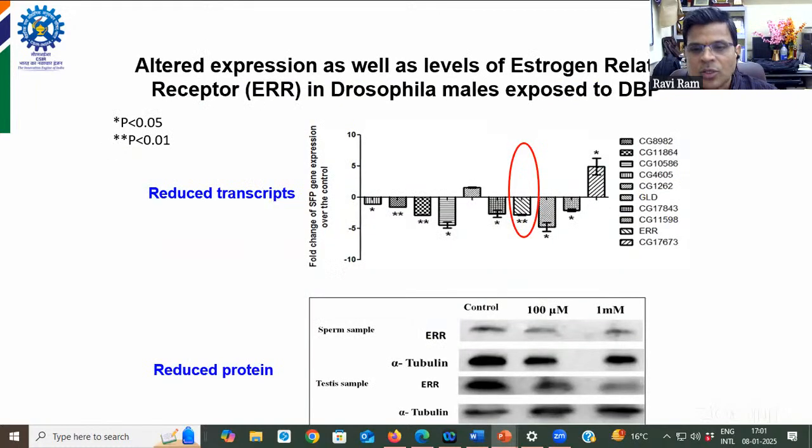I told you, when we did the functional analysis, we found ERR being associated with male fertility. When we looked at the transcripts of ERR in controls and flies exposed to DBP, you'll see there is a significant reduction in transcript levels. And at the protein level also, the moment you bring in the chemical, there is a reduced level of ERR protein, both in sperm samples and testicular samples.